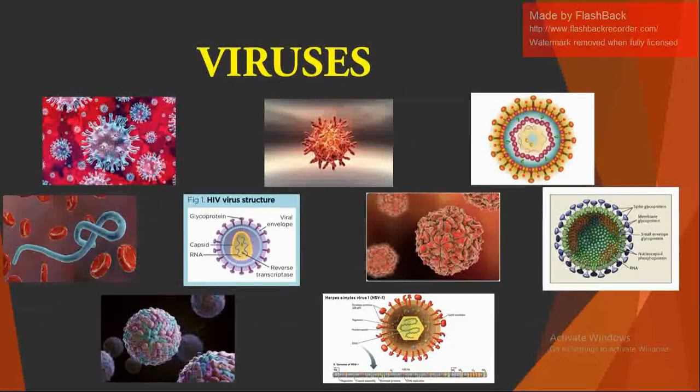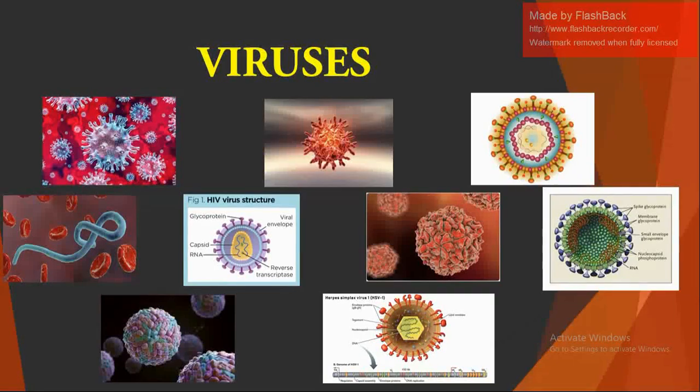Okay, can you see these viruses? These are some of the selected viruses shown to you. Okay, these are not mentioned in the text, but still, in order to get an idea or to have a picture, there are some viruses shown in this slide.